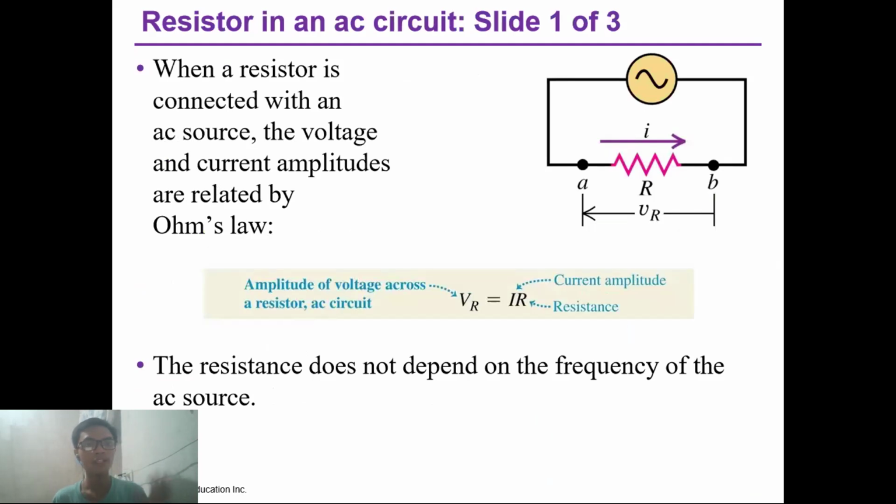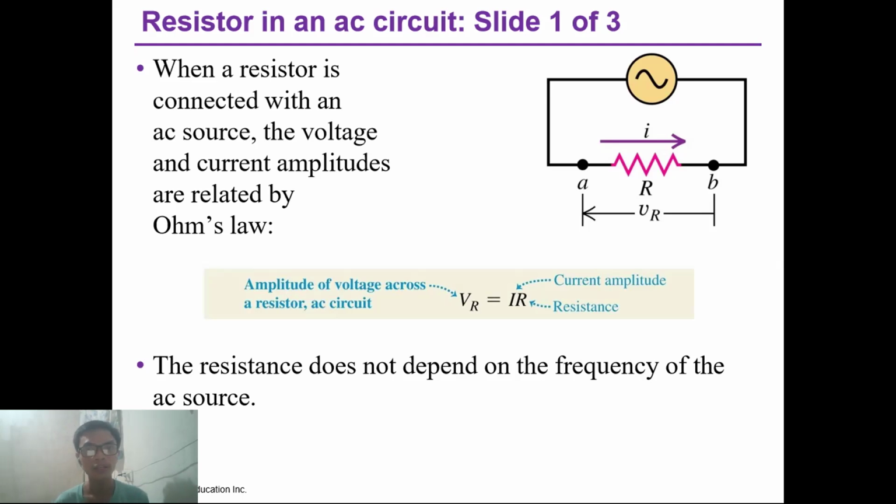So we have here a resistor in an AC, or alternating current, circuit. When a resistor is connected with an AC source, the voltage and current amplitudes are related by Ohm's law. So what can you recall?